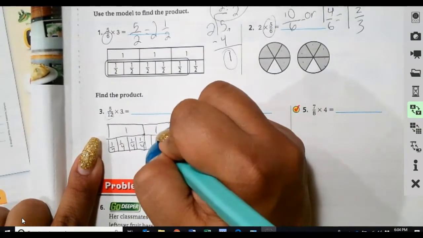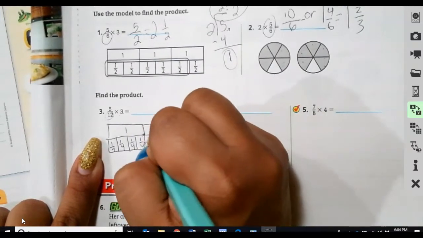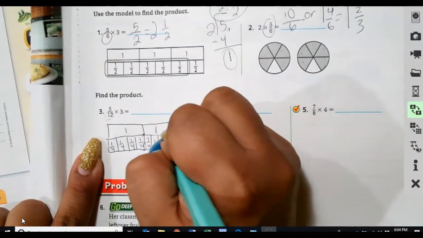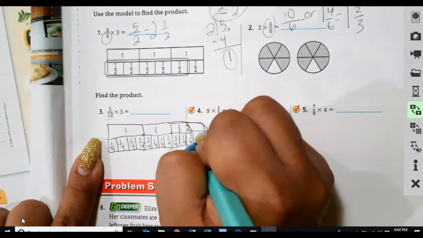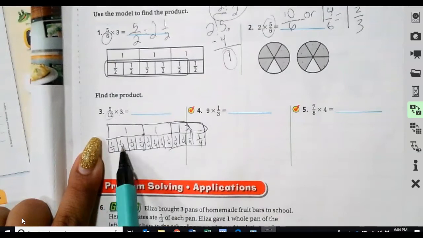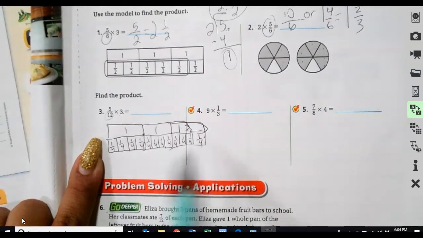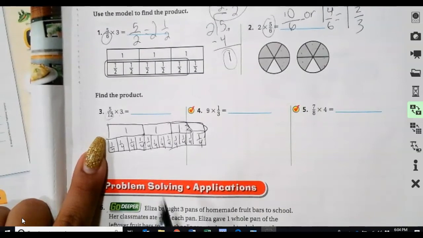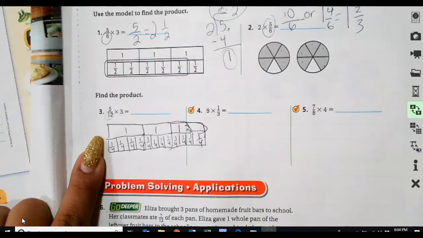Okay, so that's 1/4, 1/4, 1/4, 1/4, 1/4, 1/4, 1/4, 1/4. Count it. 1, 2, 3, 4, 5, 6, 7, 8, 9, 10, 11, 12. See, so it fits. 12 fit in those 3 wholes. So that means that I'm good.